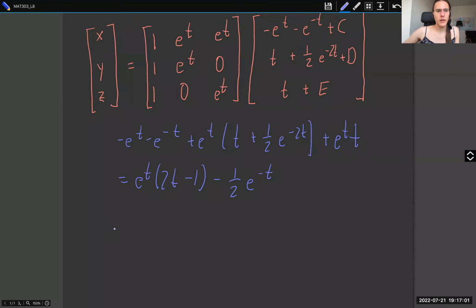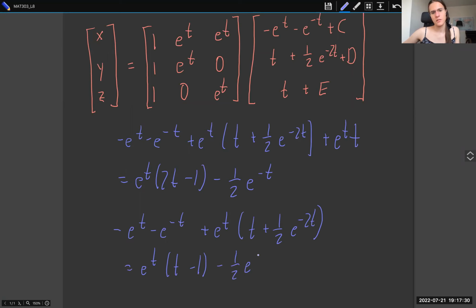Then for the next one, we're going to get minus e to the t minus e to the minus t. Then we're going to have e to the t times this. And the difference is that we're going to be missing this term. So that 2 is going to be a 1. Minus t.